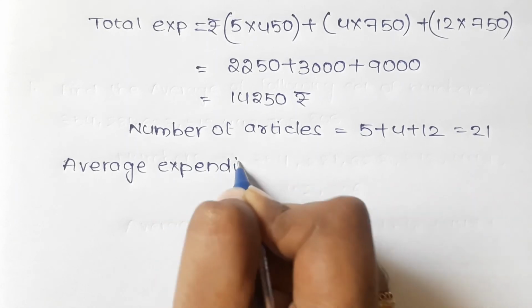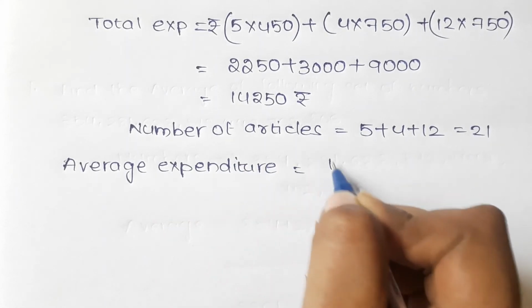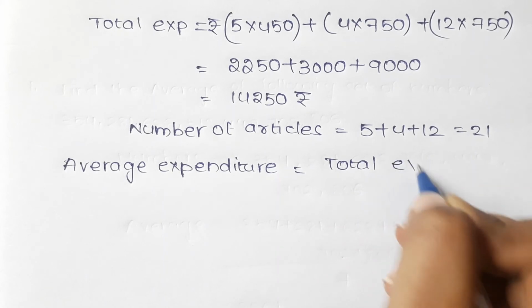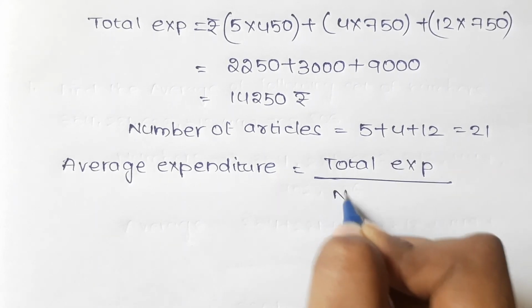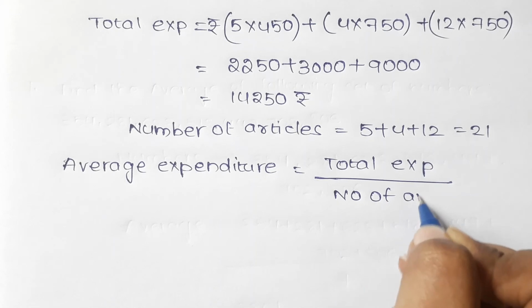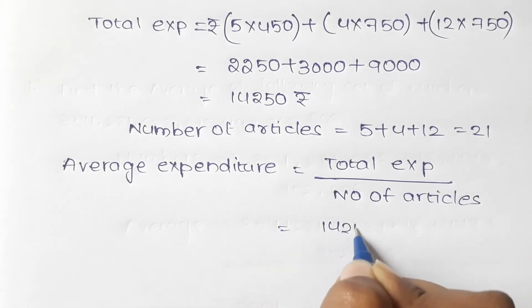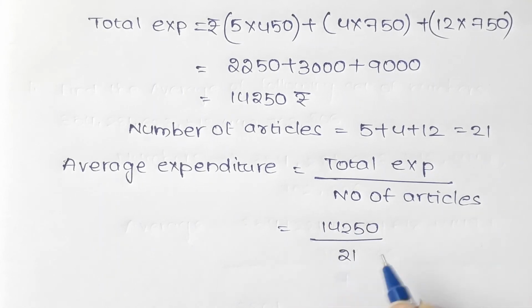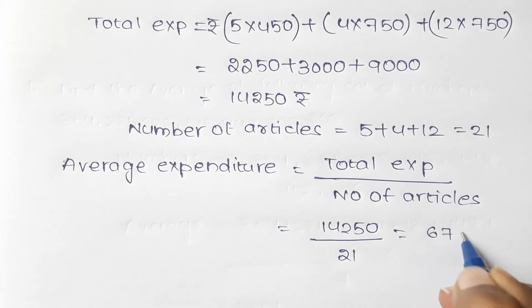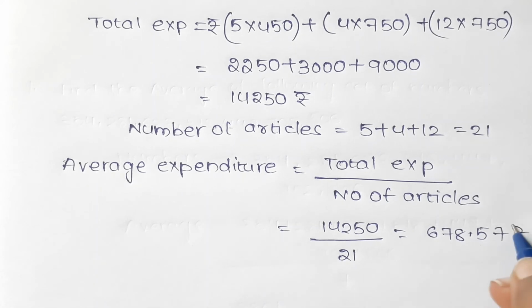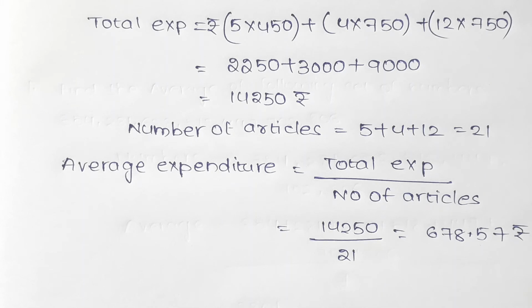Average expenditure is nothing but total expenditure by number of articles, that is 14,250 by 21. When we divide this, finally we will get the answer of 678.57 rupees. And this is the average expenditure for all the articles. And this is about another model. Now let us see the 7th one.